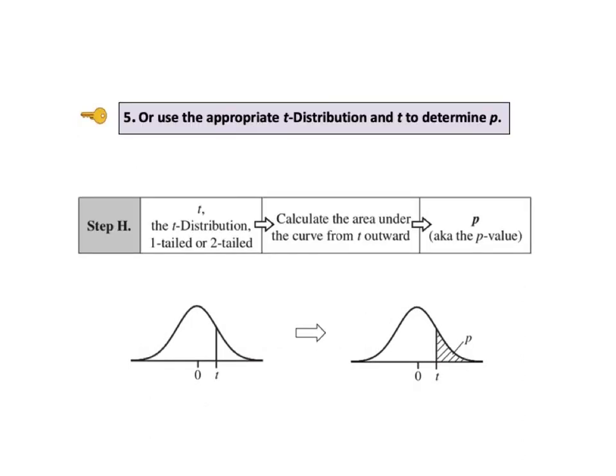Key number 5 says, or use the appropriate t-distribution and t to determine p. If we're going to make a yes or no conclusion, that is, the difference is or is not statistically significant, then step G and step H are redundant. Comparing t to t-critical gives us exactly the same answer as comparing p to alpha.